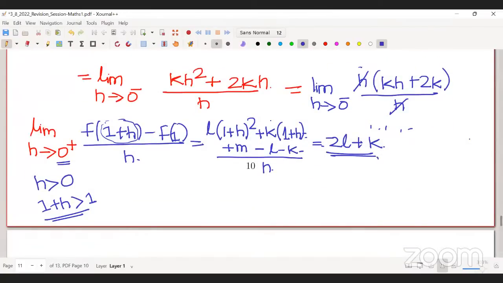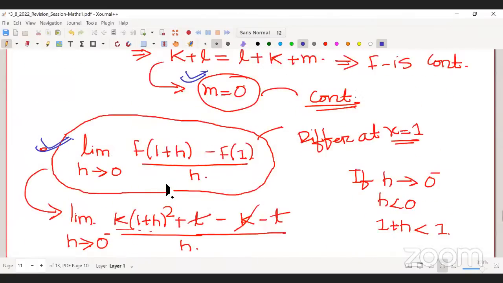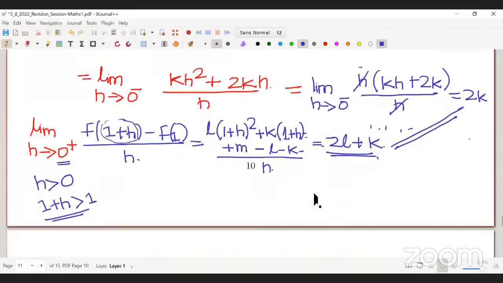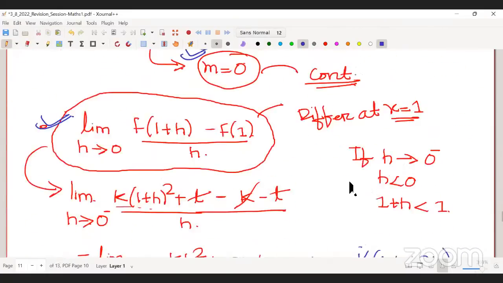Okay. And I can say that this limit exists when the left hand limit and right hand limit are equal. When these two things are equal, then I say that this limit exists and the function is differentiable at x equal to 1.